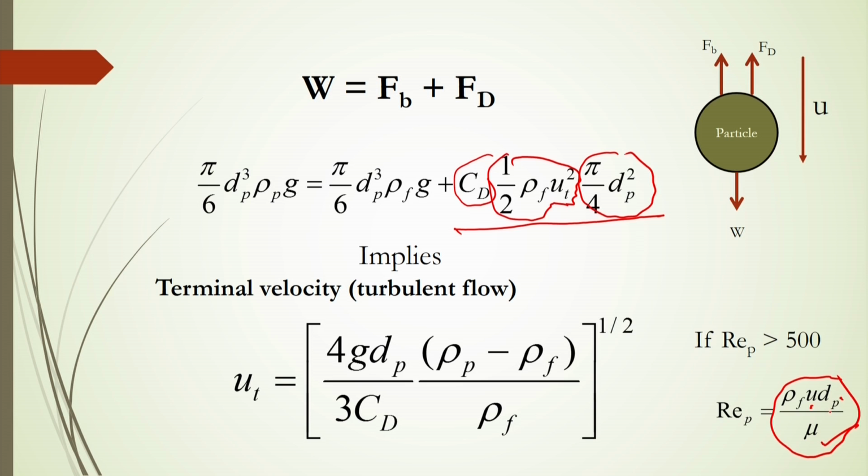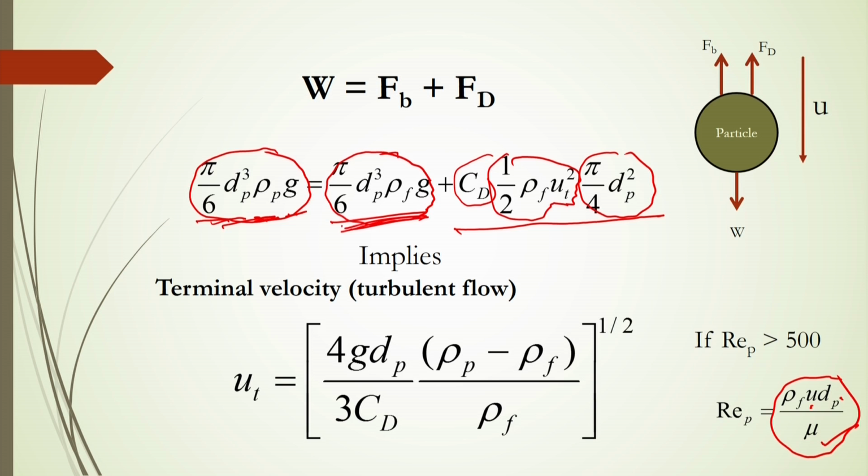Now, again if we substitute W, the weight of the particle, as pi by 6 into dp cube into rho p into gravitational acceleration, this will be your volume, this will be your density, and volume into density gives the mass, into g, that is the weight of the particle. And this is the buoyancy force: again the same way, how much volume is displaced by the particle into its density into gravitational acceleration.